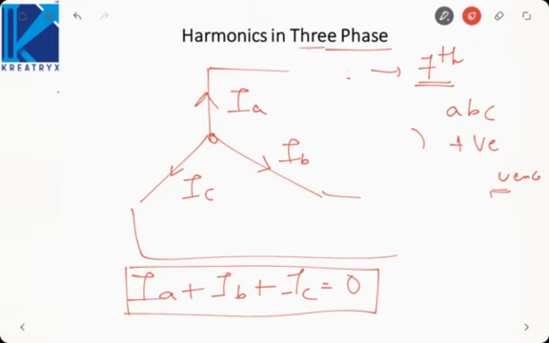And this relation we were getting from the harmonic currents also directly, because they were balanced, their sum should always be 0. And this property is satisfied by KCL also here. That means these harmonics can exist in the star connection. Okay. So 7th harmonic is a positive sequence harmonic. It can be present in star as well as delta connection.